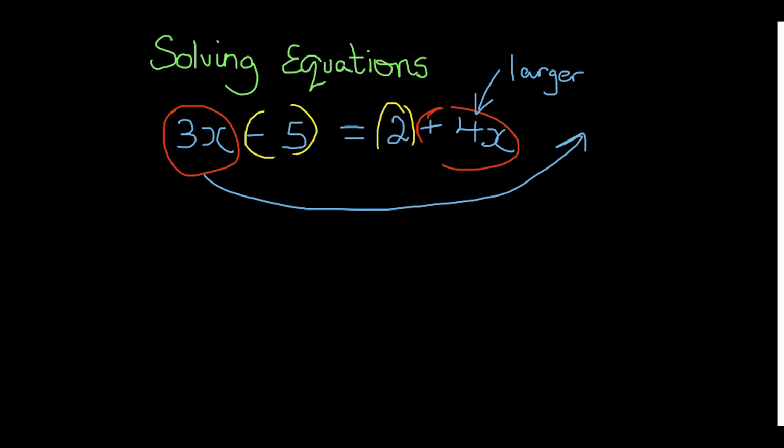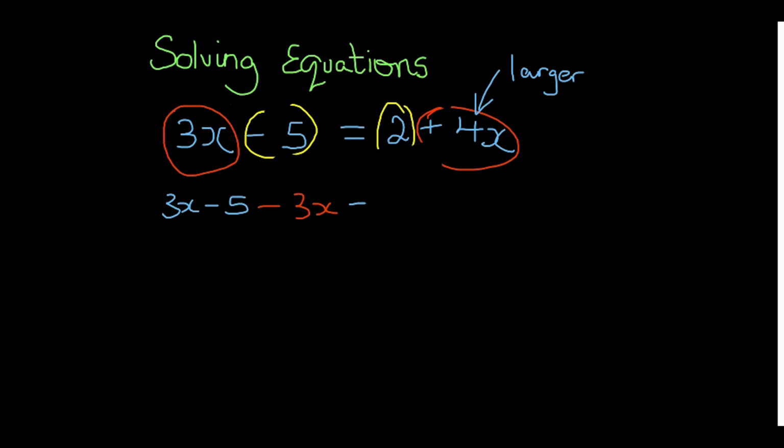Alright? So in order for me to be able to bring this 3x over to the right side instead, this is what I'm going to do. I'm going to subtract 3x from both sides of my equation.